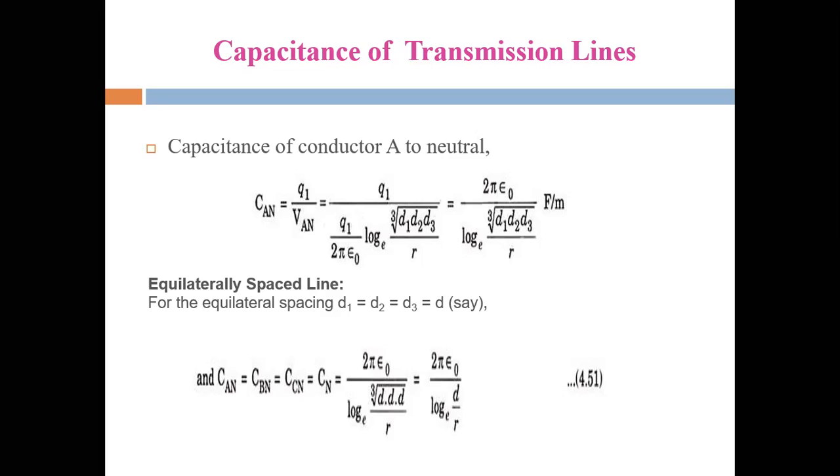Then we take the equilaterally spaced lines. Equilateral spacing means D1, D2, D3 are equal to D. Suppose we take equal distances between the conductors.